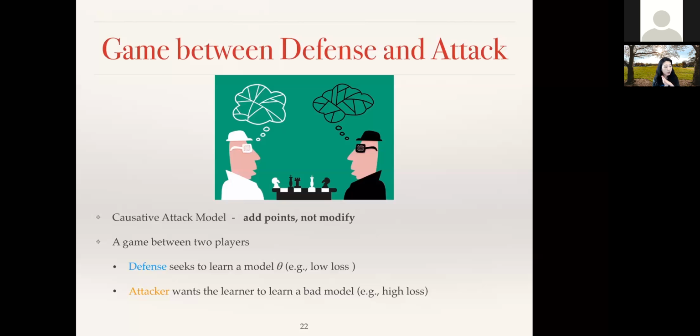What the attacker is trying to do is they want the learner to learn a bad model, for example, a high loss. But of course, like we learned last time, it could be a targeted attack. So not necessarily a high loss, but some kind of bad performance for a specific class of images or something like that, right? So it's targeted.